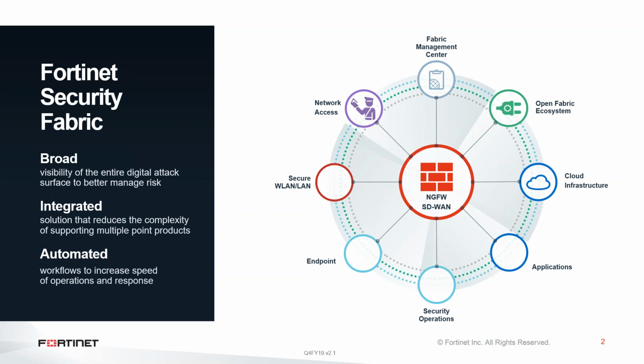The Fabric Management Center provides that single pane of glass, simplifying operations and enabling automation of workflows. Right, so complete visibility and control of all traffic and threats at every point of the attack surface, from the edge to the core, and in hybrid and multi-cloud environments. So it's an AI-driven breach prevention, provides automated operations, orchestration, and response.